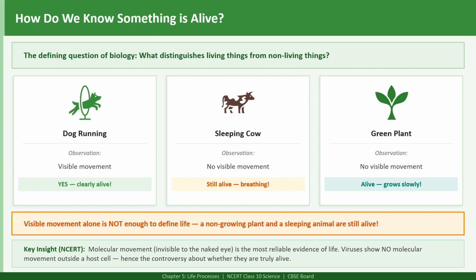For example, a sleeping cow or a green plant. These examples don't show any visible movement, but we can't say they are not alive. They are alive. Therefore, we need a deeper understanding of what truly distinguishes living organisms from non-living things.